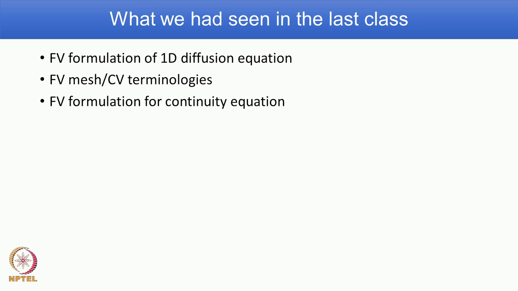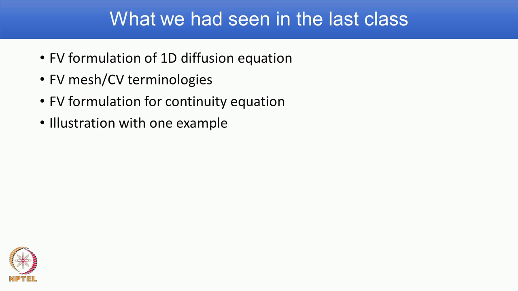Then we understood the same formulation with the help of an example problem. We also tried to do the near boundary node treatment. So, we took an example problem and we did up to the left boundary node for that problem.